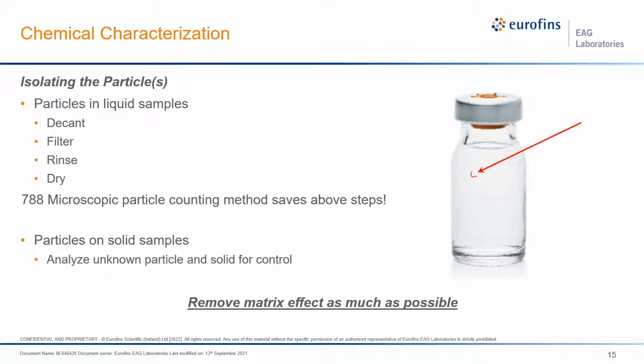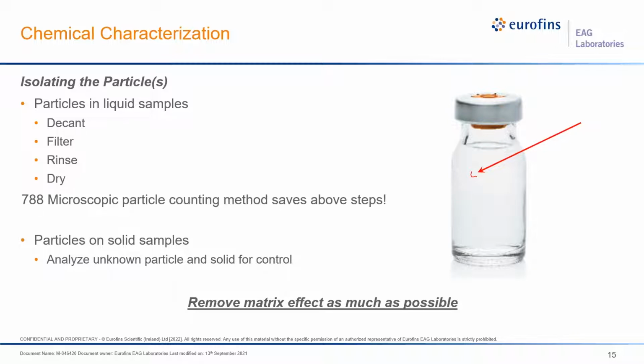So when we're talking about isolation of particles, there usually are two cases: when the particle is in a liquid solution, or when the particle is on another solid sample. When it's in solution, it goes through several different steps. I have an example here. This is a bottle of a drug product in some kind of aqueous-based buffer, and I have a little red fabric-looking particle there.